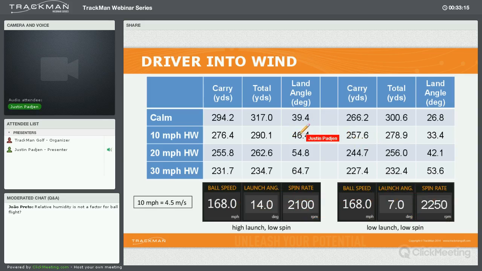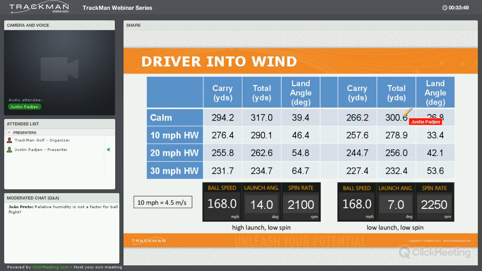If we look up here at the top, if we go from calm to a 10-mile-an-hour headwind, we're losing about 18 yards here on the high launch shot. The low shot never carried as far. The high launch, low spin carried 294 versus the low launch, low spin carried 266. So there's a huge difference in the initial carry distance under calm conditions. But what we see is we don't lose as much because of that 10-mile-an-hour headwind.